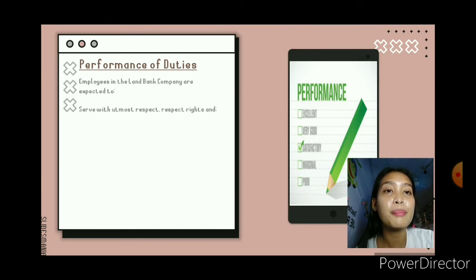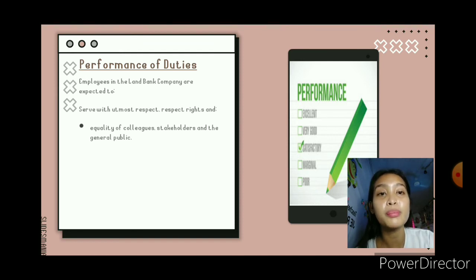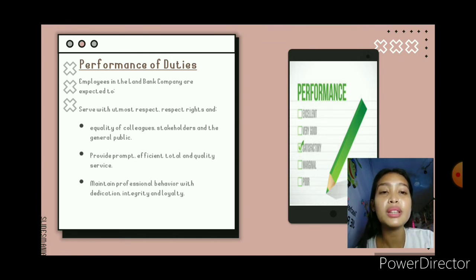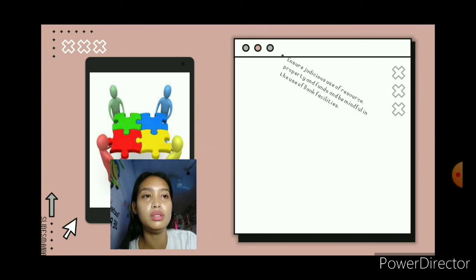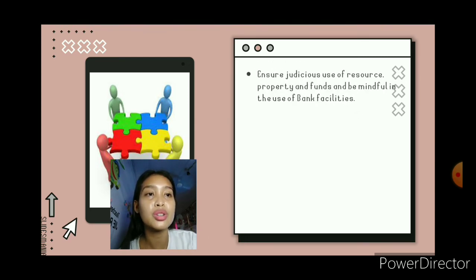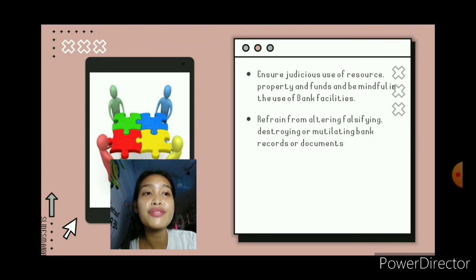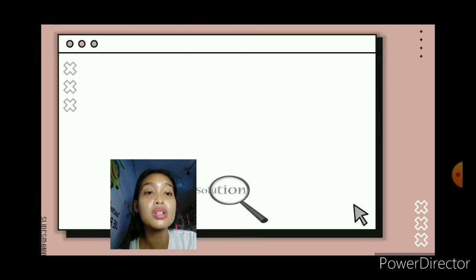The employees are expected to serve with utmost respect for the rights and equality of colleagues, stakeholders, and the general public, provide prompt, efficient, total, and quality service, maintain professional behavior with dedication, integrity, and loyalty, ensure judicious use of resources, property, and funds, and be mindful in the use of bank facilities, refrain from altering, falsifying, destroying, and mutilating bank records or documents, and protect bank and personal information.